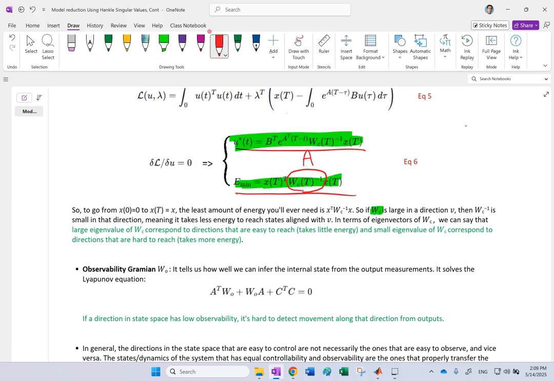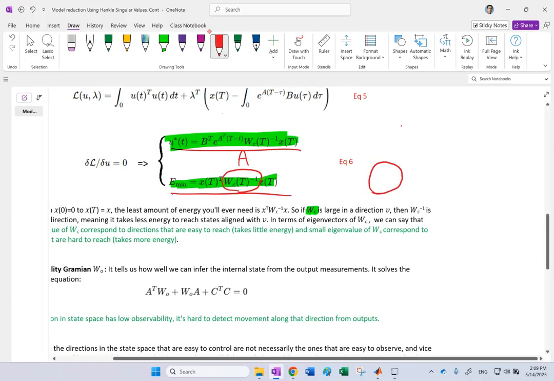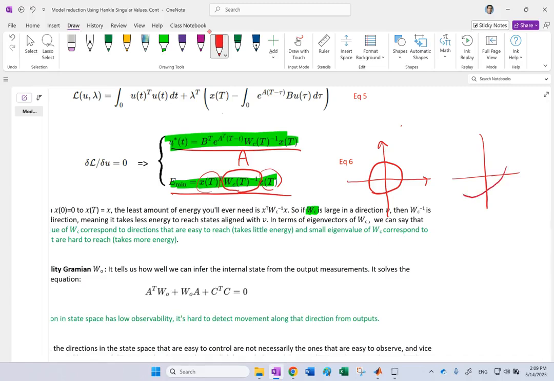This takes you from the X space to the E space, right? So if this is the X space, the state space, and this is the energy space, it converts a circle to an ellipse for you.